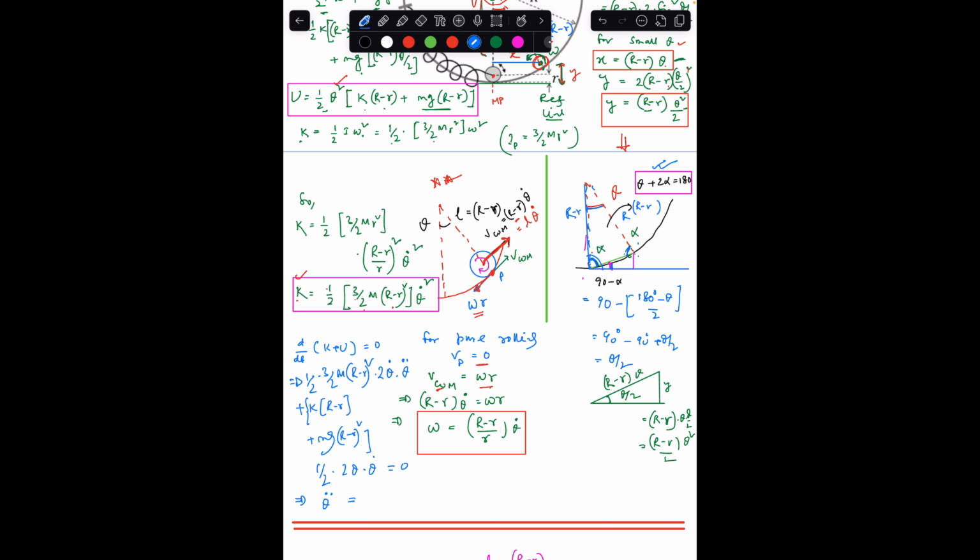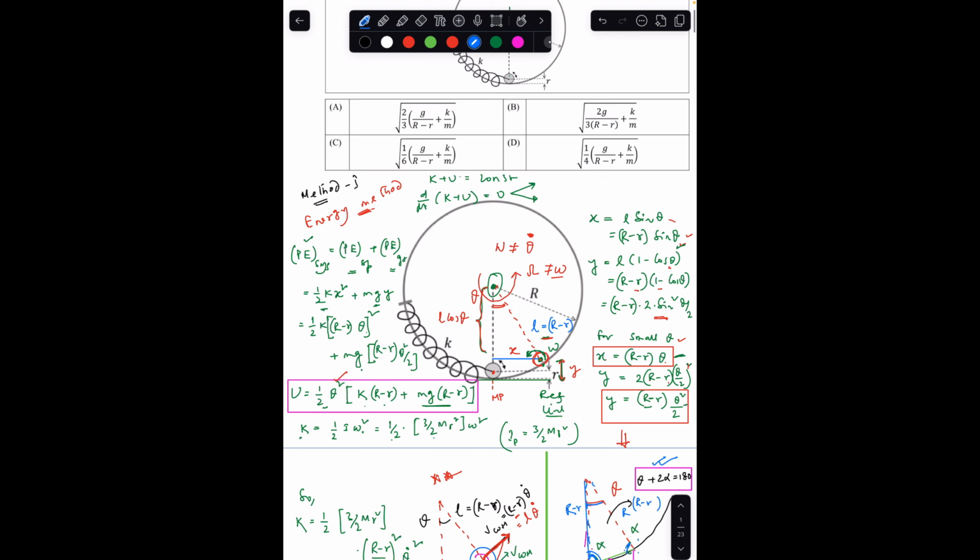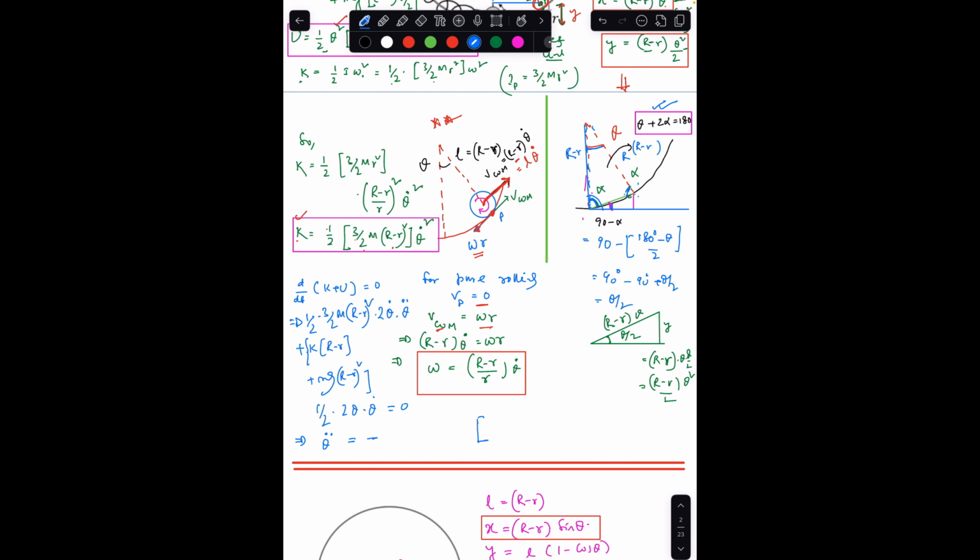Theta double dot I will keep on the left hand side, that is equal to minus of 2 by 3 into m into (R minus r) whole square, in bracket. Here you have to be a little bit careful in the calculation. So if you do this calculation, it is going to come minus of 2 by 3 into 1 by m of (R minus r) whole square.